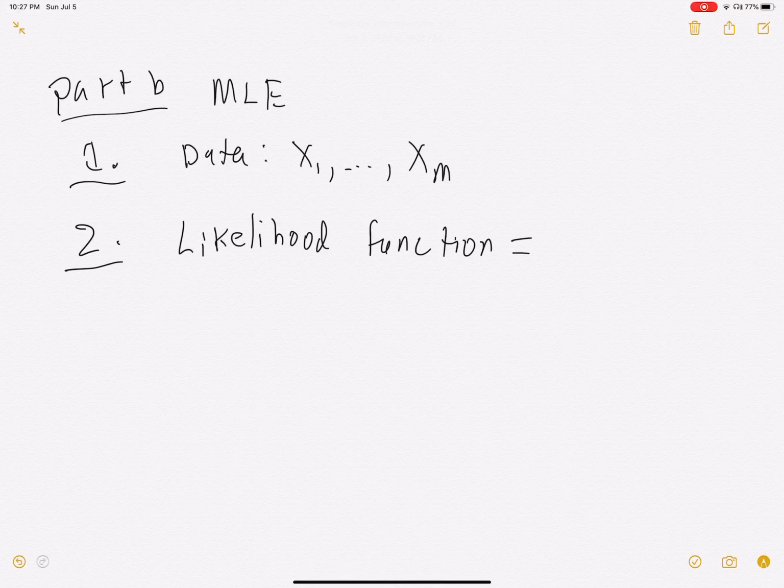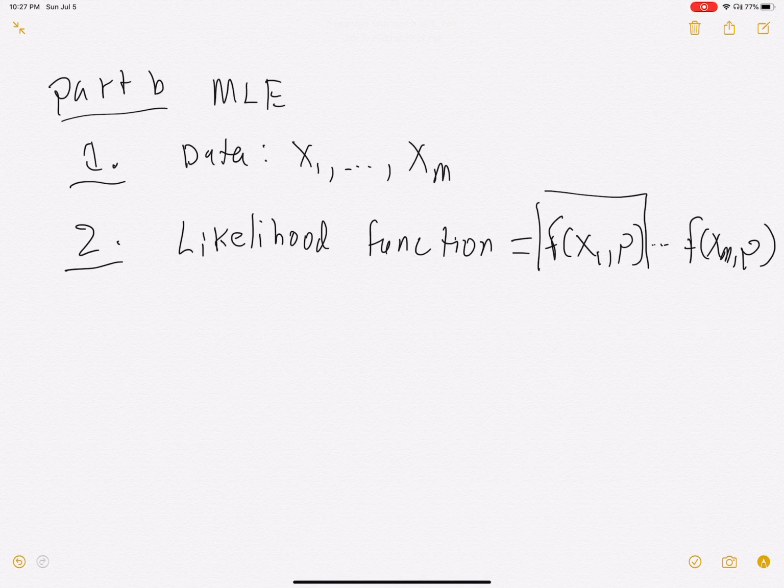And that's going to be f of x1 comma p times f of x sub m comma p. And these are just the density functions. We know the equation of a density function for a binomial.